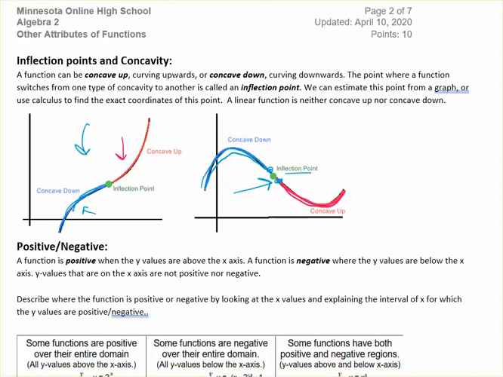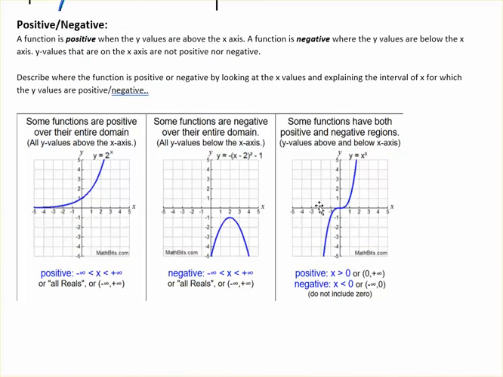Positive and negative is another thing that we can talk about with functions. Positive and negative of a function refers to what the x values are when the graph is above the x-axis, and what the x values are when the graph is below the x-axis. So in this first example, this whole function is positive.